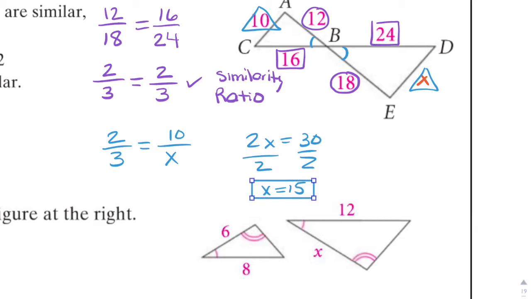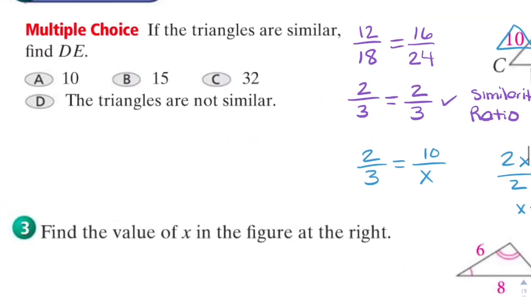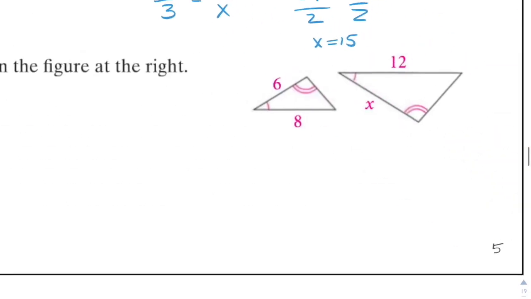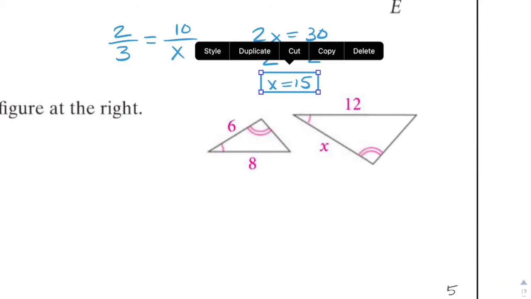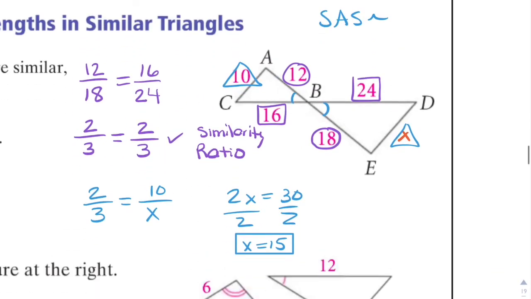So I'm going to say DE is equal to 15. And that's it for that one. Just make sure your order is the same. So 10 is to 15, as 12 is to 18, as 16 is to 24.